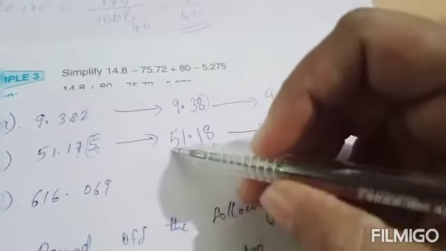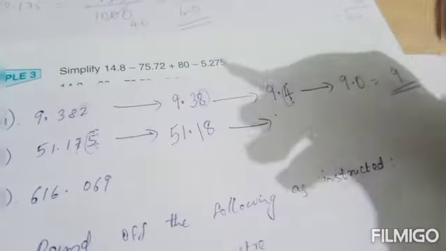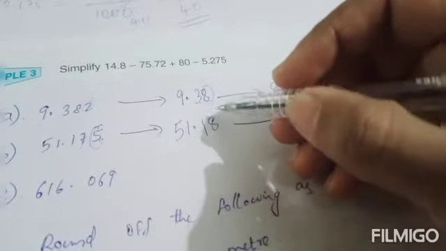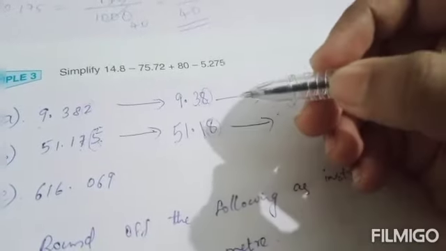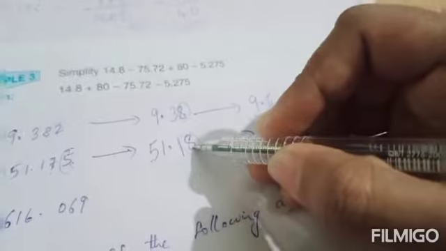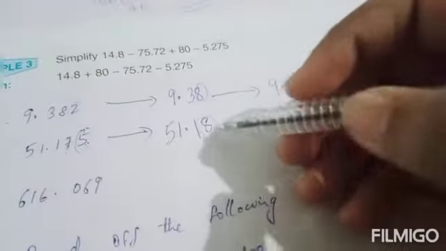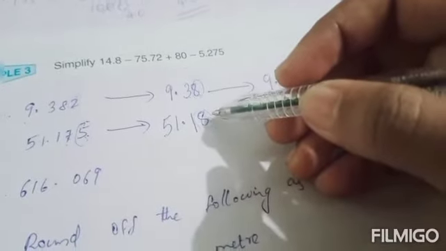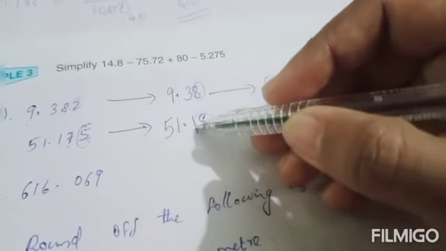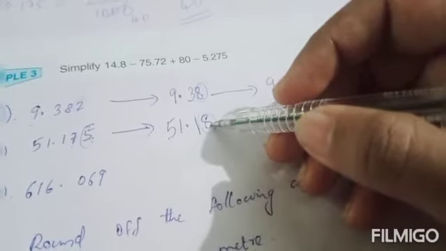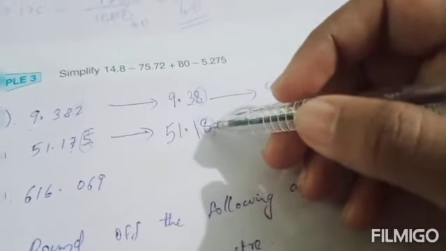Okay. Now 51.18 you need to round off to nearest 10th. So see the digit at 100th place. Here it is 8 which is greater than 5. So if the 100th place digit is greater than 5, add 1 to 10th place digit and replace 100th place digit by 0.